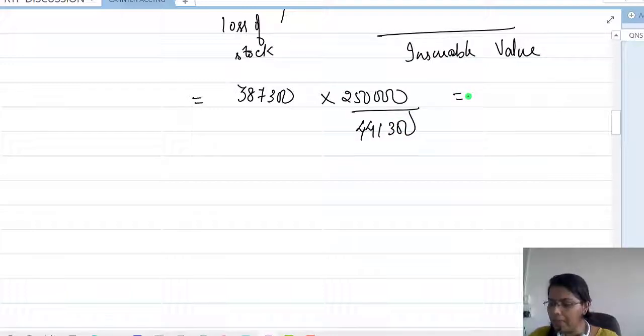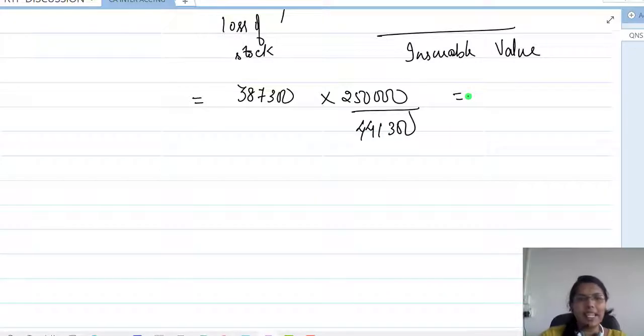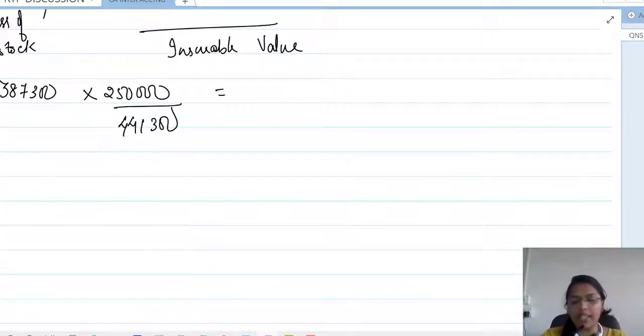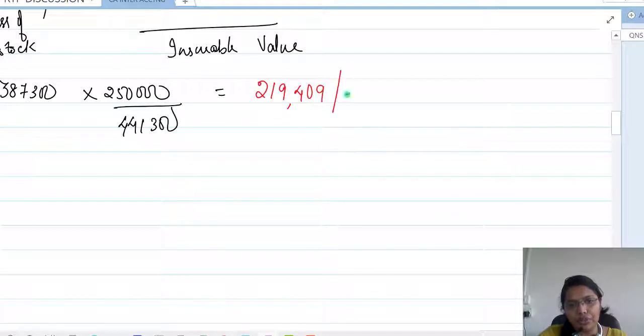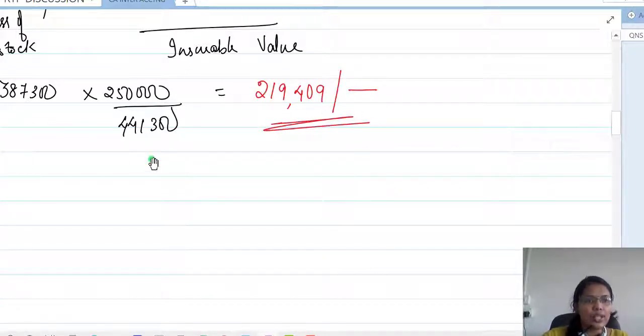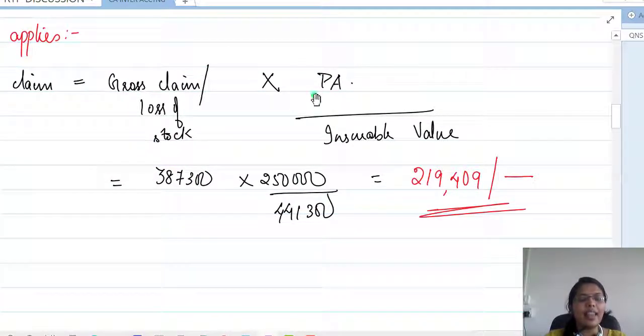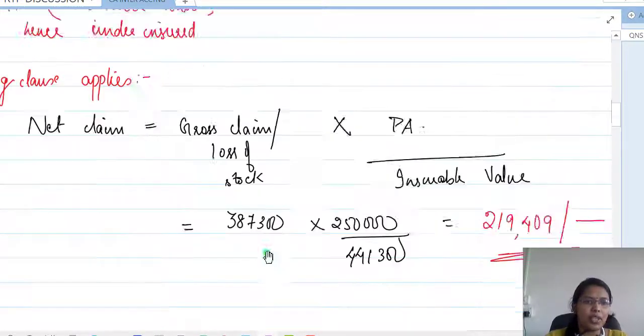So we can say that the total amount that you're going to get as a claim from the insurance company is only 2,19,408.56. I'm going to round it up to the nearest 1 rupee. So even though his actual loss is to the extent of 3,87,300, since he had an underinsured policy, he'll get only a claim to the extent of 2,19,409 under loss of stock policy.